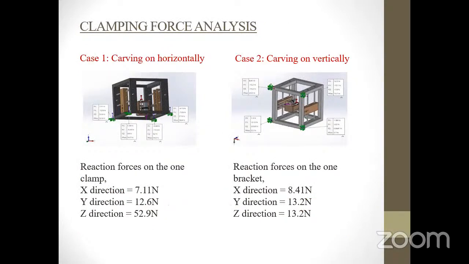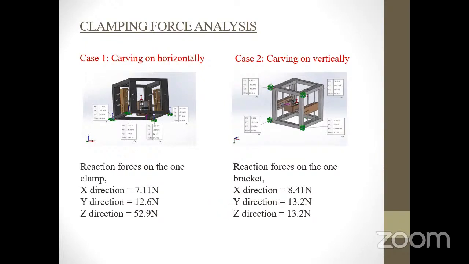Here is the clamping forces analysis. Because the machine is portable, it should be fixed to the carving surface. Here is the analysis of clamping forces for horizontal and vertical carving.